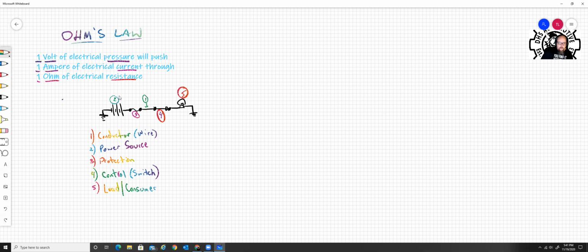So let's go from the beginning and end of the circuit. The power source has a positive and negative side to it. Everything on this side of the battery, that's what this little symbol is, is going to be on the positive side. Anything towards the negative side of the circuit is going to be negative. First, we have our battery.